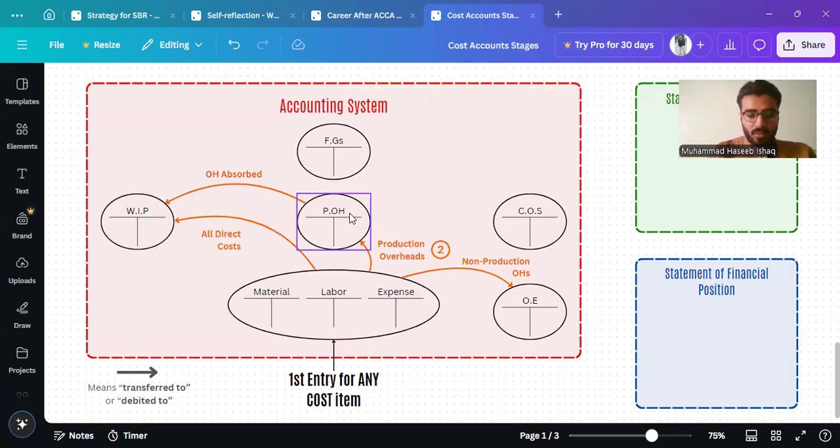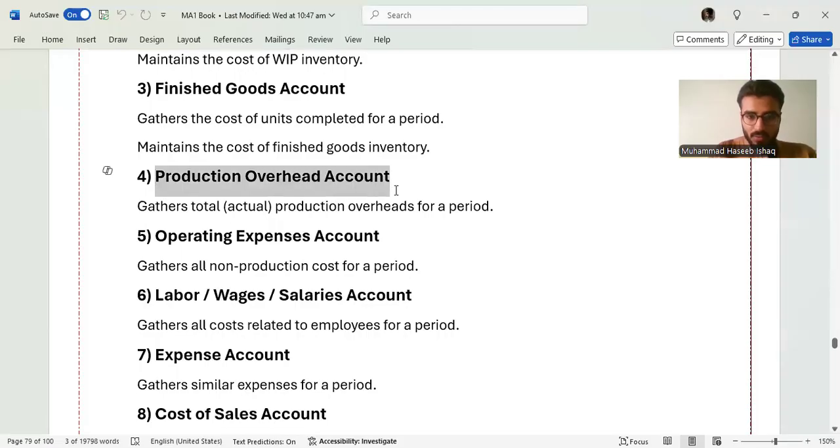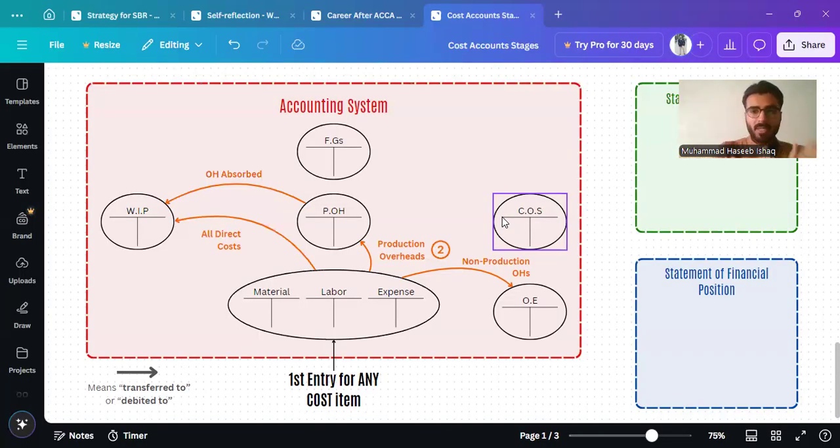Let's read the definition of the production overhead account here. What does the production overhead account do? It gathers total actual production overheads for a period. So listen carefully. In the production overhead account, what is being debited? Actual production overheads are being debited, so they are gathered in the production overhead account.